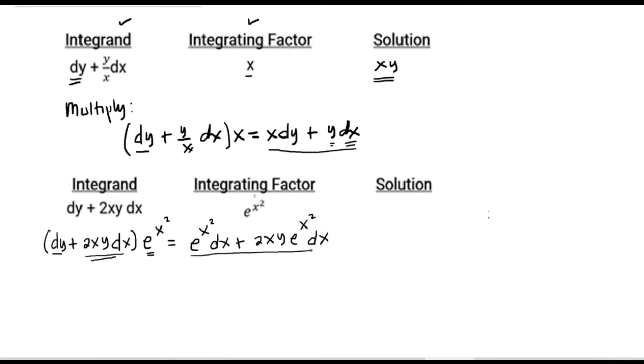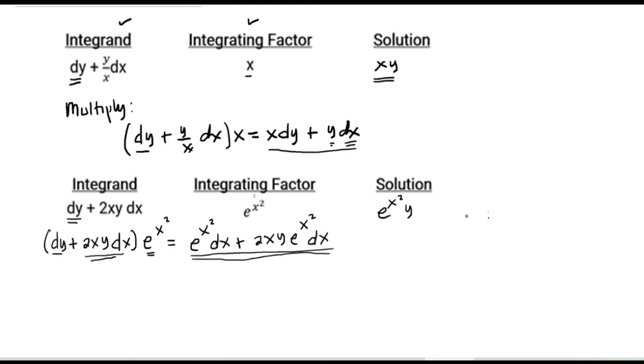This product is exact, and the solution for this is the integrating factor, and pair that one with the integral of dy, which is y. If you are going to get the differential for this solution, you will arrive with this product. So therefore, this is an exact.